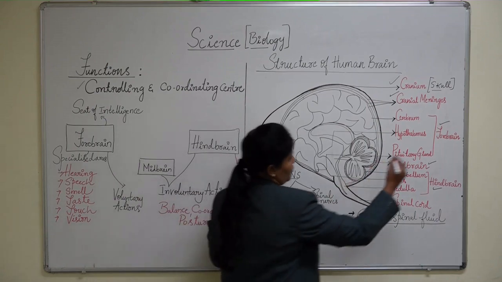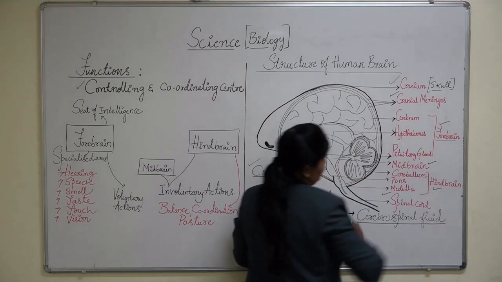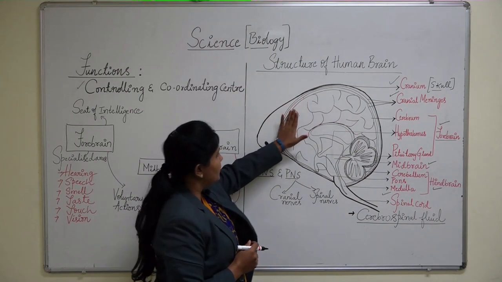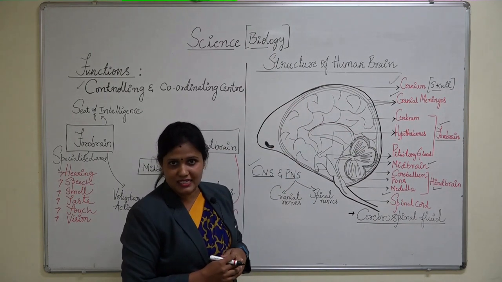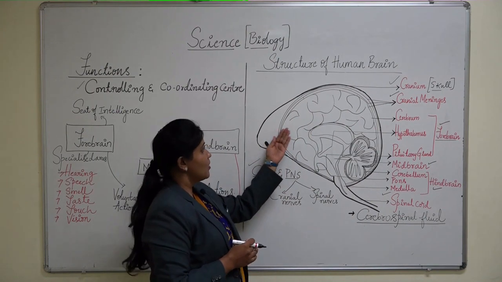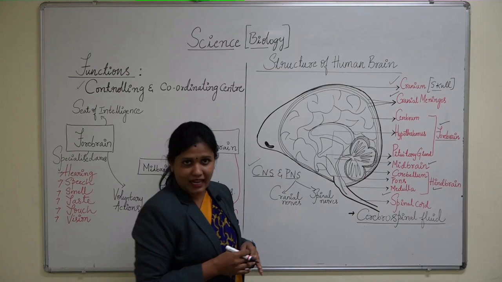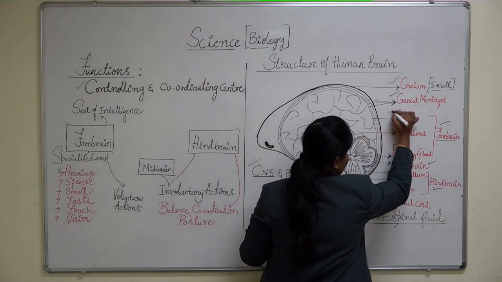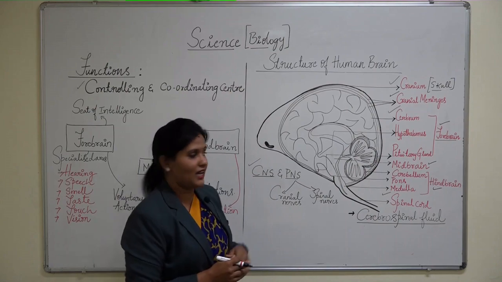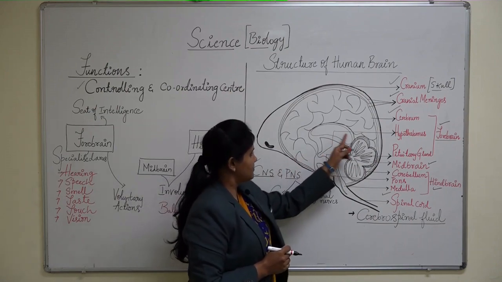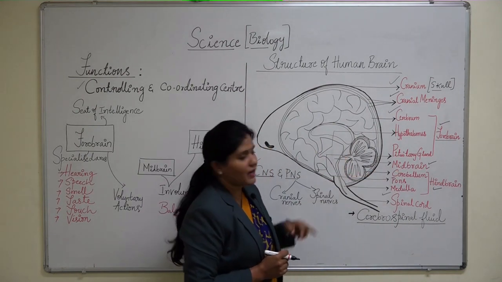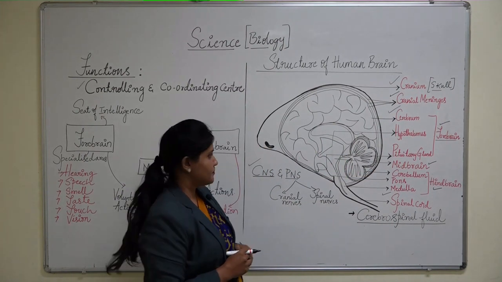Let us talk about the forebrain now. The exterior surface of the forebrain shows a number of infoldings and wrinkles, which make up the major part of our brain. This almost resembles a walnut. It is the cerebrum. Another structure associated with the forebrain is the hypothalamus, which lies very close to the midbrain.